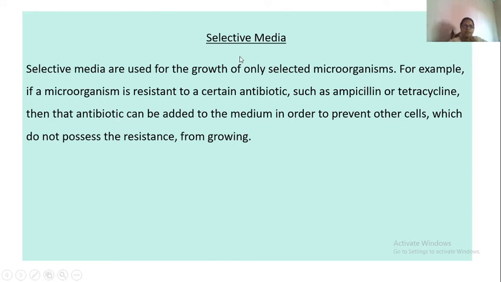Because these media are specifically designed for one or two organisms. So what happens is, these media have certain chemicals or antibiotics incorporated into them, which makes the growth of only one organism selective, and the others cannot grow in it.